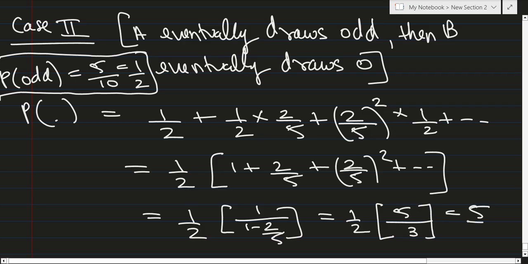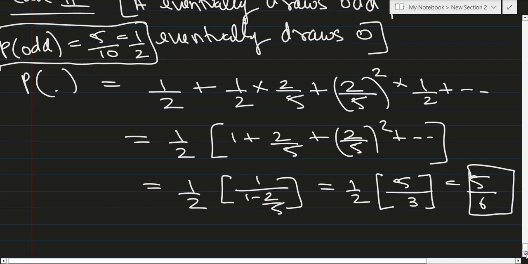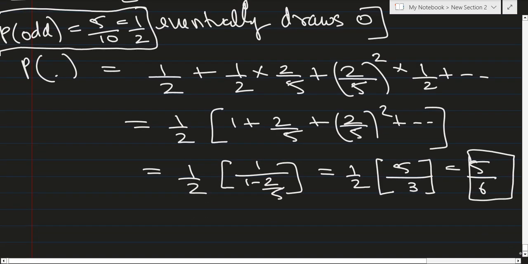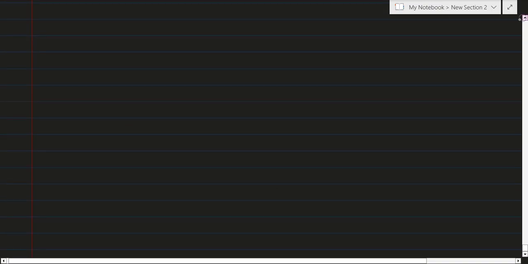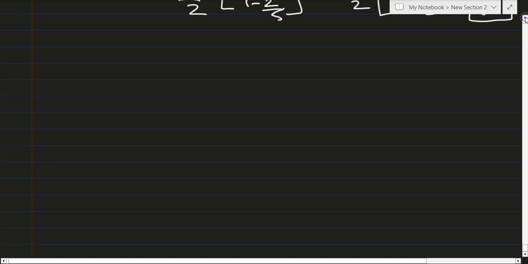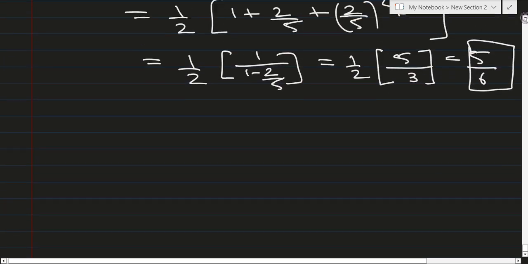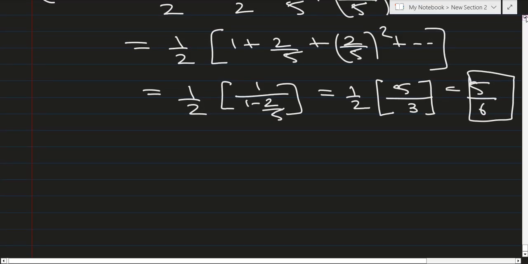This is 5 by 6. Okay, but this is the probability that A eventually draws an odd number. Now the game has switched to B. So this is a bit of a complex question, but we have to understand it. The second case is a bit tricky.